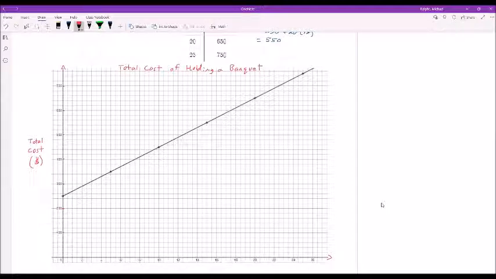Sorry, just one other small detail to add in here. This is the dependent variable. We don't always have to label this, but I'm just doing this for instructional purposes. The dependent variable is the vertical axis. And while I'm writing this, the horizontal axis is for the independent variable.